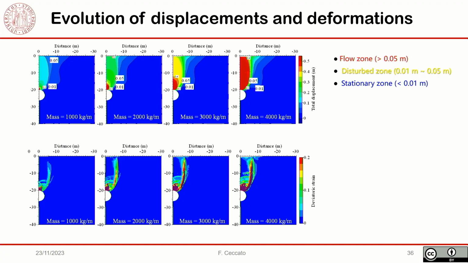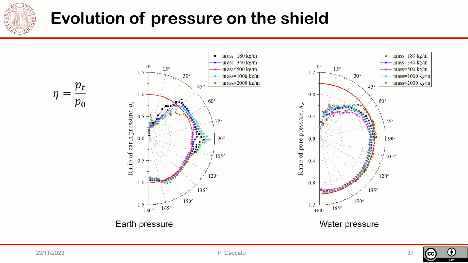So what we were able to estimate is the evolution of the displacement field around the tunnel with time. And we could identify what we call a flow zone, which is basically inside the shear bands, with a large displacement, then a disturbed zone and a stationary zone.